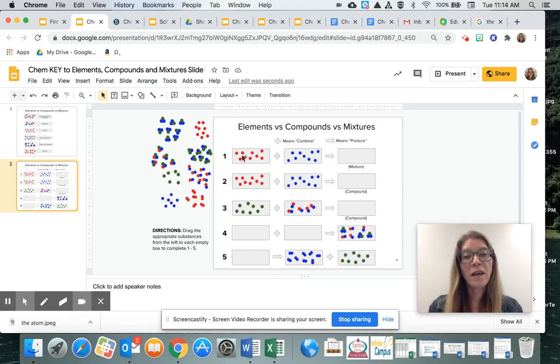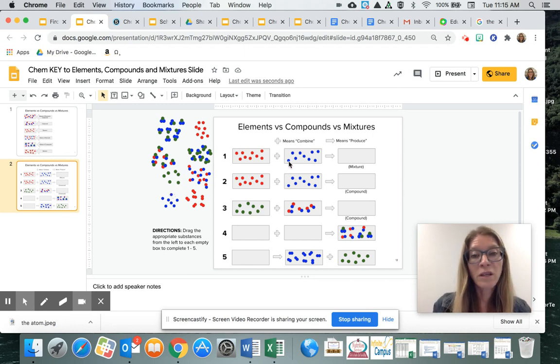Now you're taking elements or compounds and you're either combining them to make a mixture or a compound. So here are individual atoms that are being mixed together. Over here, this says mixture. So these are just going to be mixed together in the same space. They're not chemically combined because a mixture is not chemically combined.